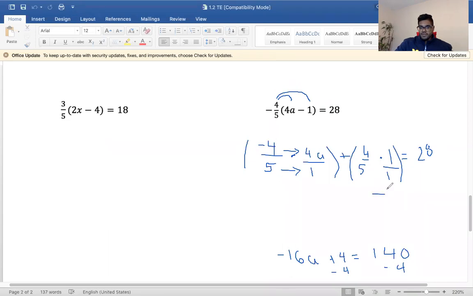So negative 16a, so this goes up to here, equals 136.